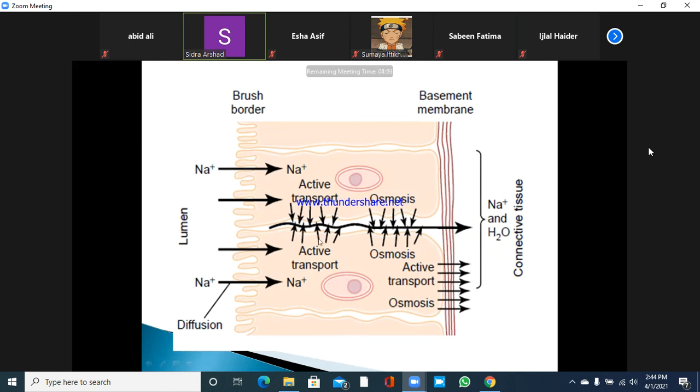So you can see over here in this diagram, there are 1, 2, 3, 4 cells which are lined up, right? And this is the luminal surface of the cell, which is facing the lumen. Like let's suppose if we are talking about intestines, so this is the side of the cell which is facing the lumen of the intestine.